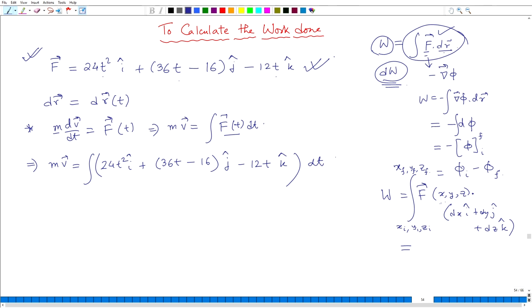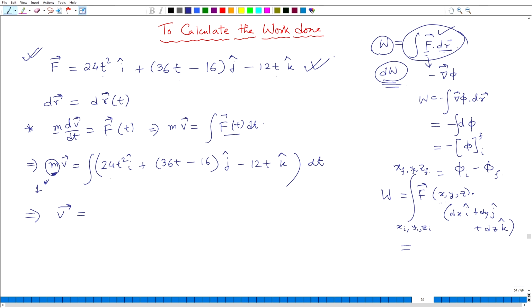Now at this point we have to make two comments. One is we have to give some value to the m, so that we can use this as a constant of the motion. For the sake of simplicity I assume m to be 1, so I can forget this, and then v will simply be equal to the integral of this.